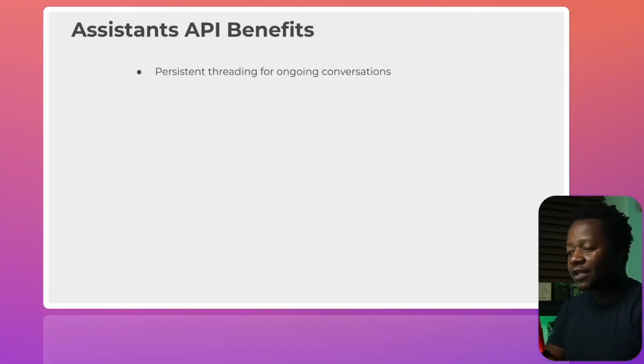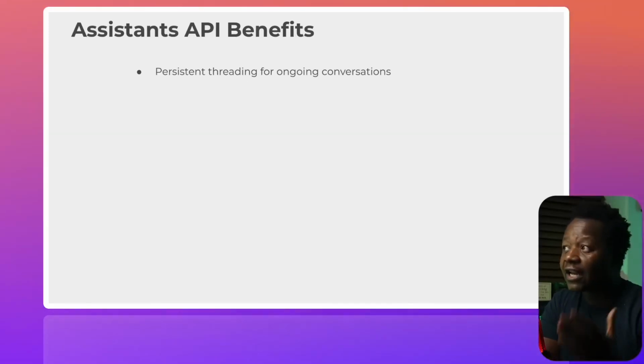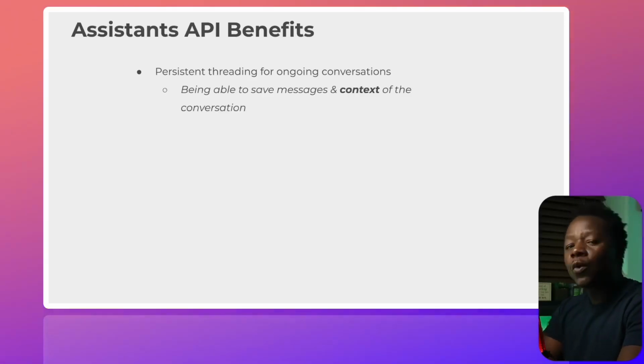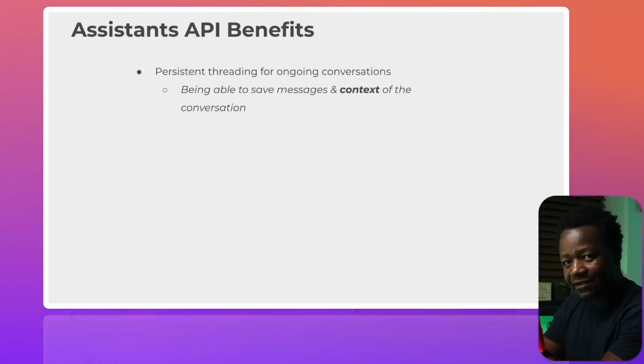So one thing to keep in mind is that large language models by themselves don't have a state, which means they don't save the context of a conversation per se. Now with the Assistance API, we don't have that problem because there is this thing called persistent threading for ongoing conversation. What this means is now we're able to save messages and the context of those messages.